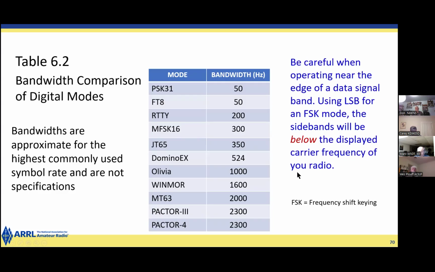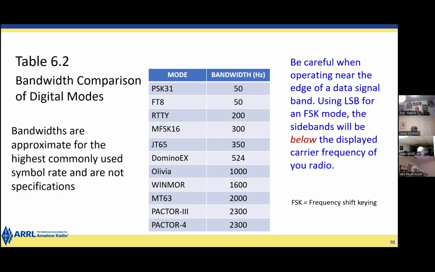So when you're operating, you have to be careful, just as with single sideband, that you don't operate too close to the edge of a band, so that part of the bandwidth you're occupying goes past the band edge.